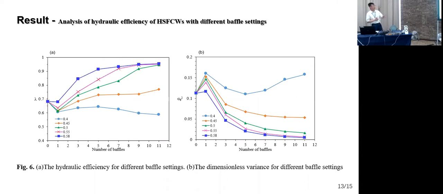So for this indicator, the smaller, the better. You can see a similar trend is shown in the right figure. Overextension of the baffle length and the number of baffles cannot significantly reduce the dimensionless variance.